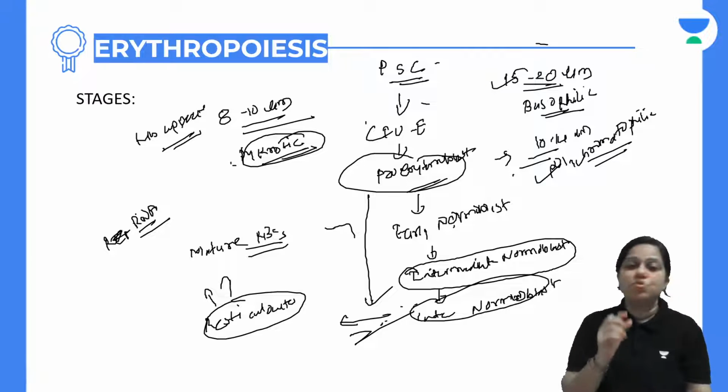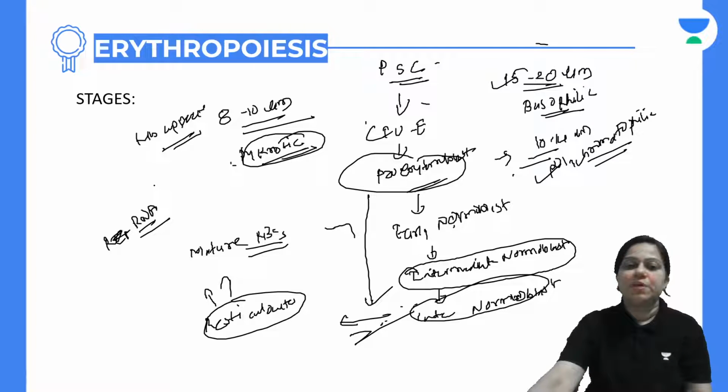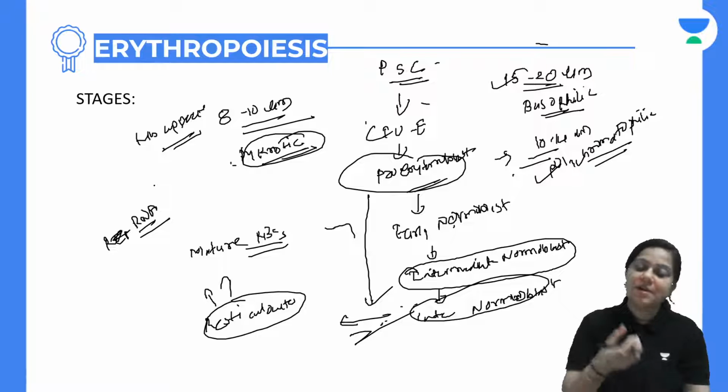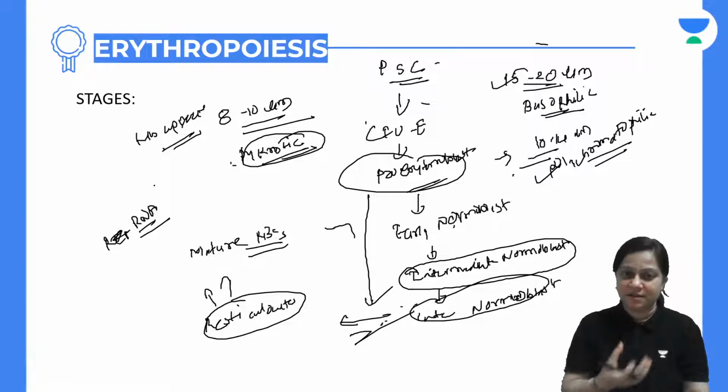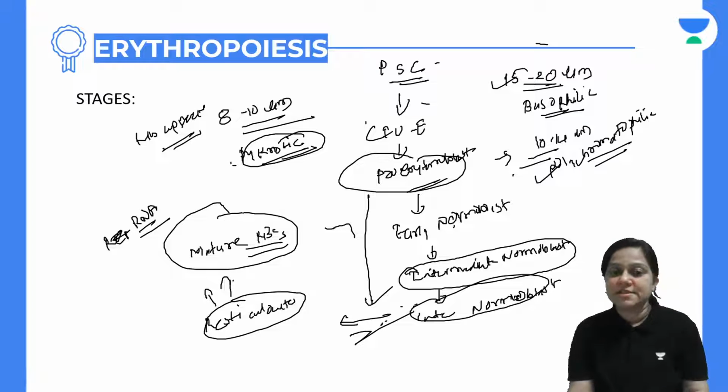A small amount of RNA is present in the cytoplasm, and the size of the cell becomes smaller. There is no nucleus, no other cell organelles. Later on, it will form the mature red blood cell.